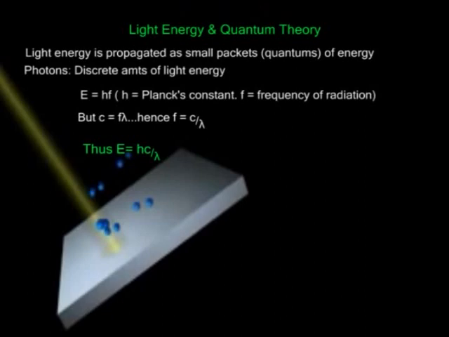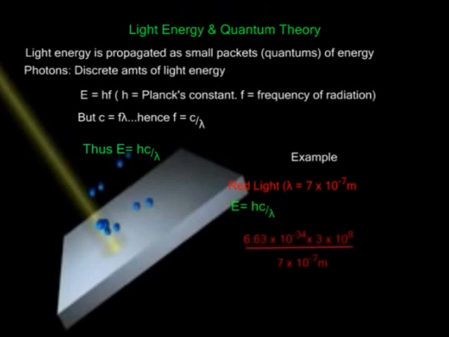For example, the energy contained in a photon of red light of wavelength 7.0 × 10^-7 meters will be given by E = hc/λ, and so E is equal to 2.84 × 10^-19 joules.